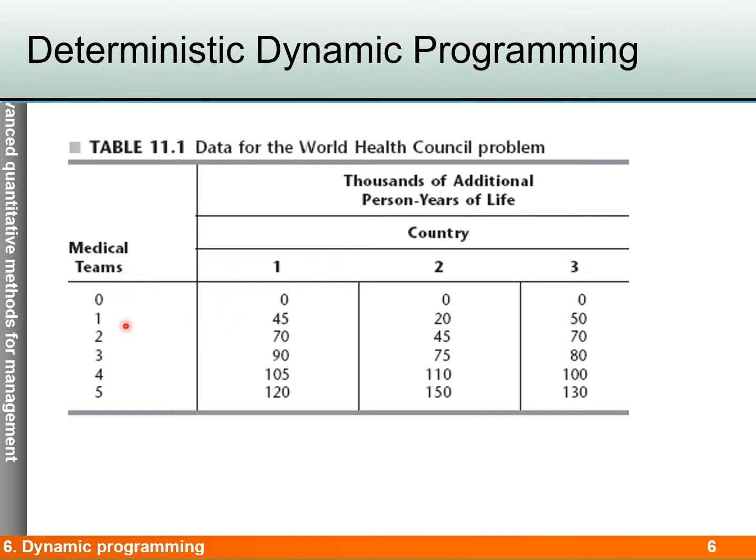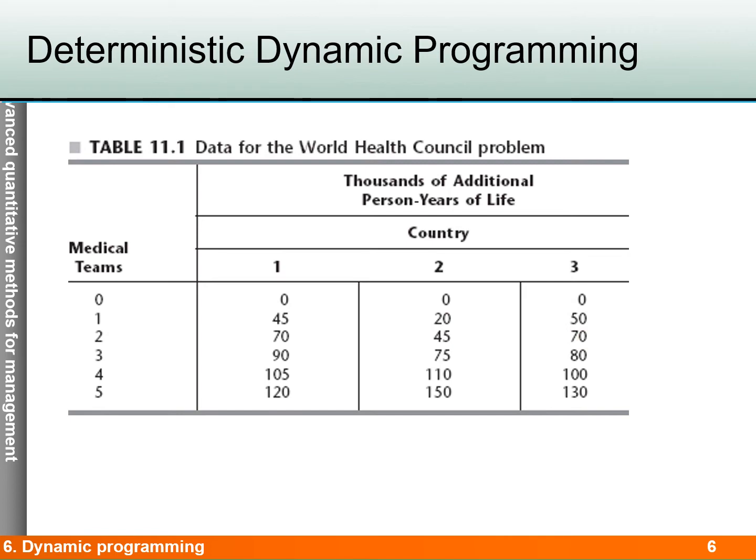It means that if we allocate one medical team to the first country, the additional person years of life will be 45,000, or allocating 4 medical teams to country 2 will result in 110,000, or for example allocating 2 to the third country is 700,000.